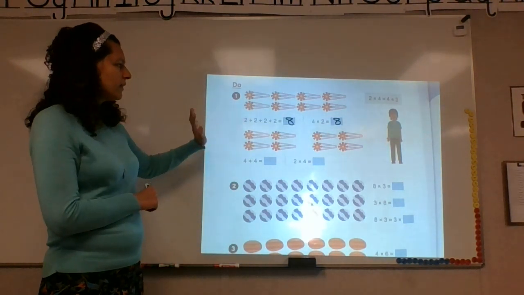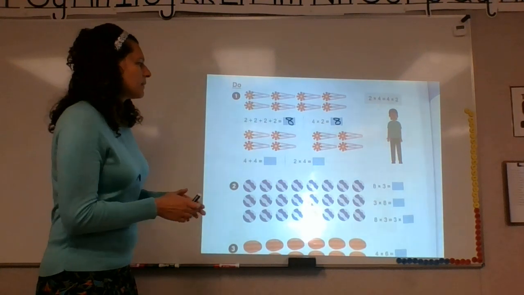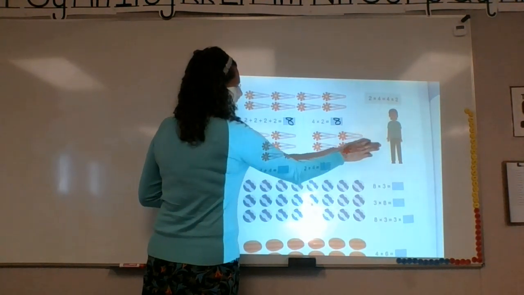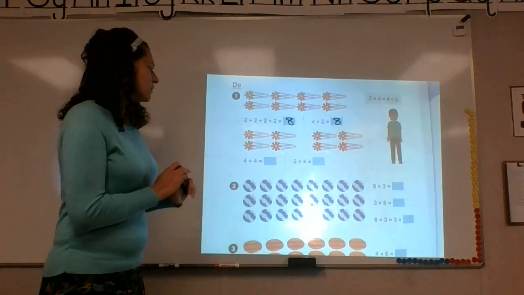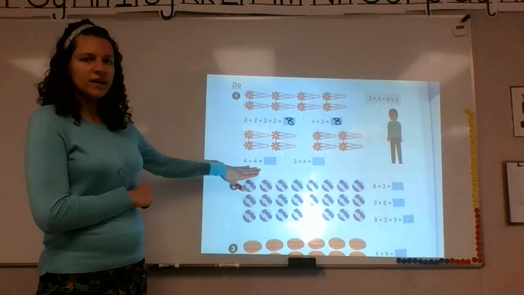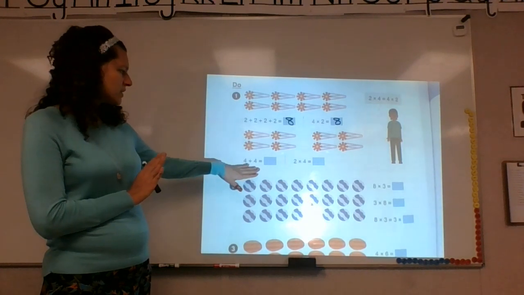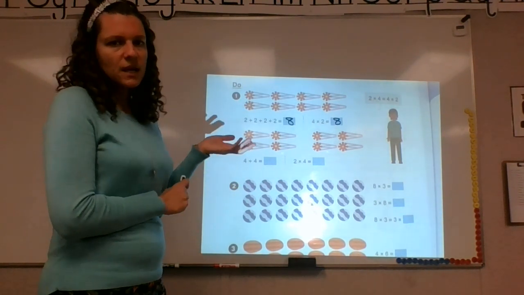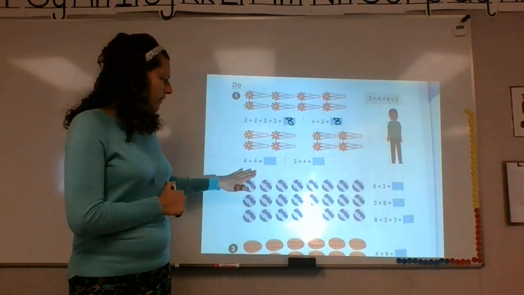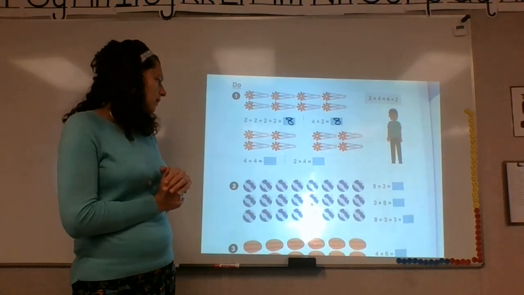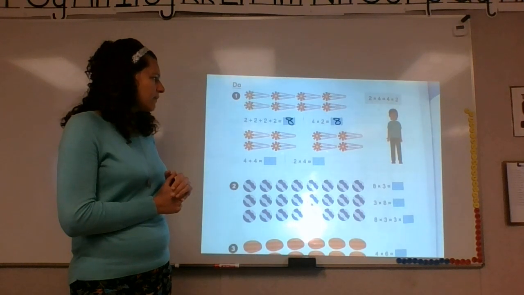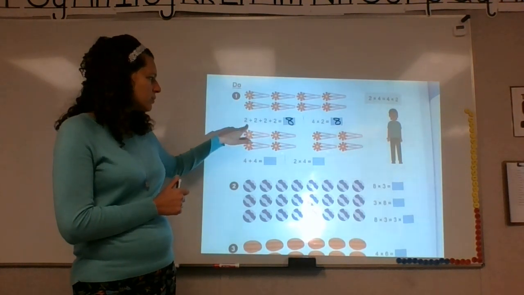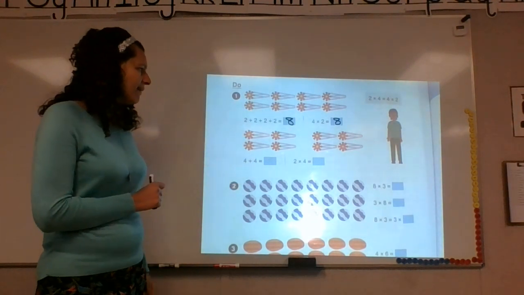Now we have the same clips, but they're laid out in 2 groups of 4. So as a repeated addition equation, it would be 4 plus 4. If we only have 2 groups, our repeated addition equation looks like a regular addition equation. But if we've got more than 2 groups, then we're going to need more than 2 numbers that we're adding together.